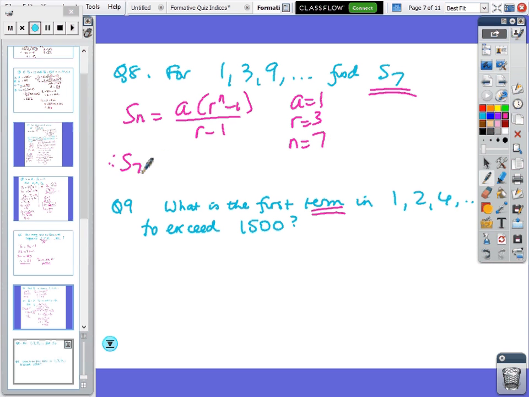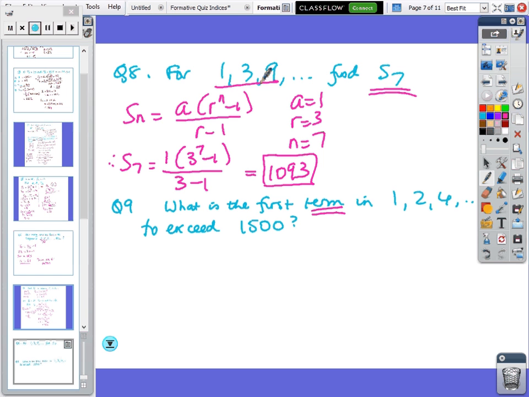So S7 equals 3 to the power of 7 minus 1, divided by 2, which equals 1093.